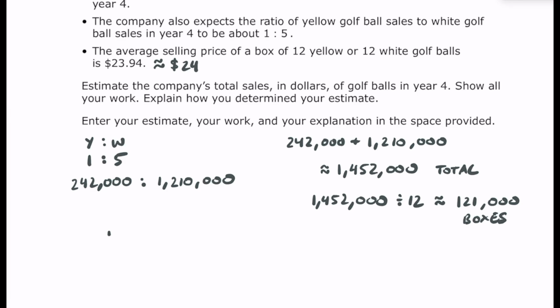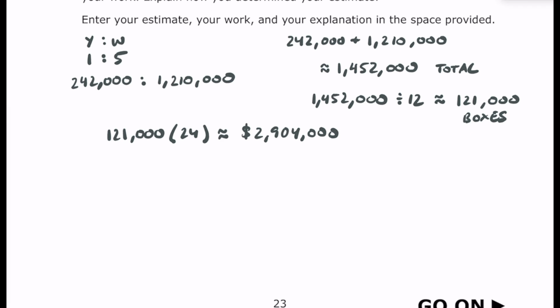So if we take this 121,000 boxes and multiply that by $24 a box, again, everything's approximate here, we're looking at maybe $2,904,000. And so this would be a pretty good approximation of what their profit would be. Then you'd write some sort of explanation explaining all this work that you just did, and take your time and write it out step by step.